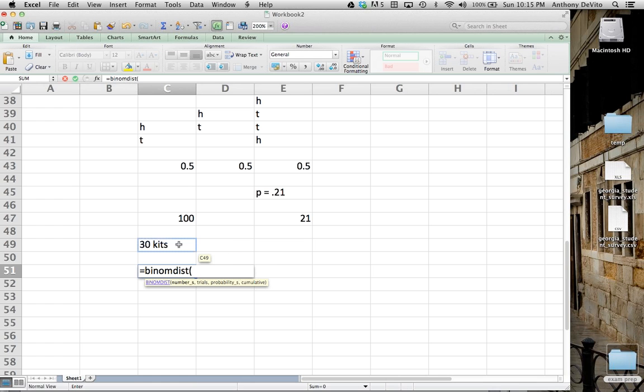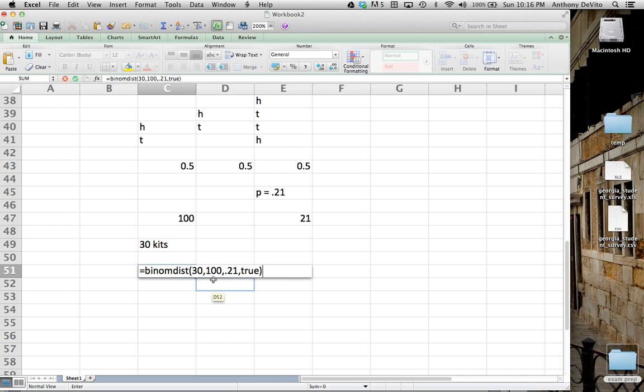I'm going to look at the probability of getting 30 or less, because the BINOM.DIST, like our z table, works downwards only. So I'm going to look at the probability of getting 30 or less: 30 successes out of 100 people with a prevalence, a probability, of 0.21, and I'm going to say true for cumulative.